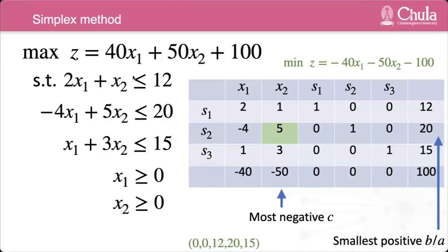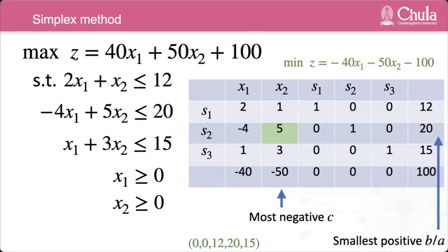And here, the relationship must be in canonical form. It's lesser than or equal, okay? Must be in a very strict form for the simplex method. And if not, we need the two-phase algorithm, right?